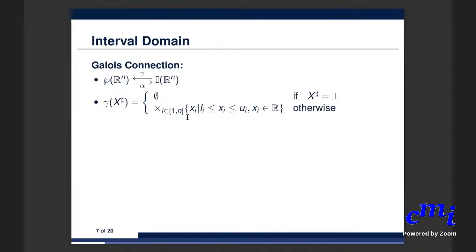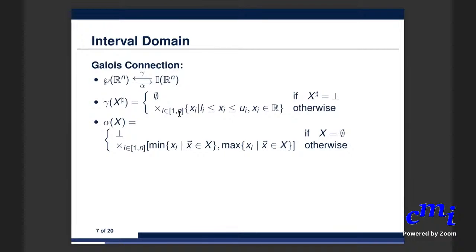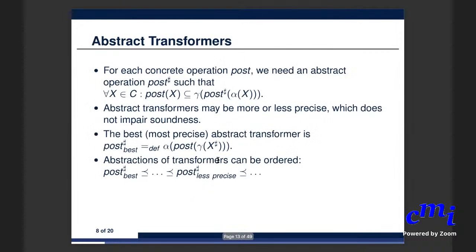So the gamma, as we have said, is defined as the set of all real values included in that interval. Alpha is defined as the min and the max, as we've already seen. So how do we define abstract transformers? This is the criterion we have to use.